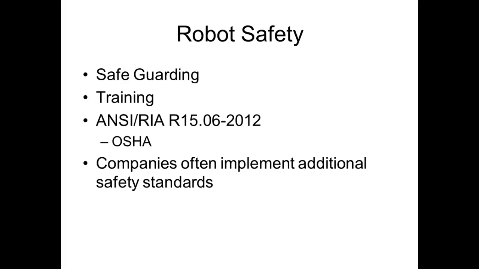So this has been adopted by OSHA. Companies also implement additional safety standards, and this is what we're talking about. We had one line, a number 4 galvanizing line, flying at U.S. Steel. That sucker must have had 30 stop buttons. You'd be out there working and somebody wanted to take a break, and what would they do?